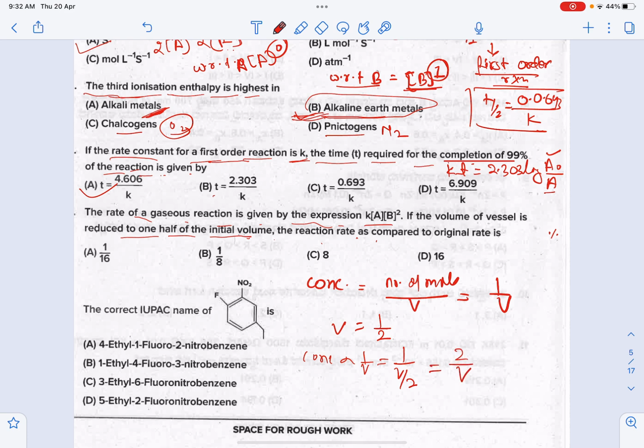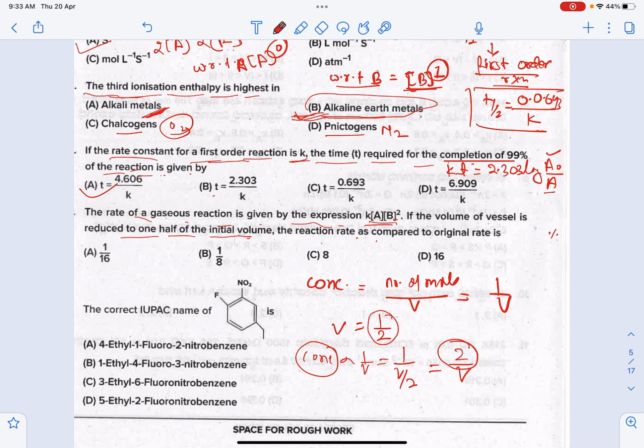It will be 2 by V. This will be the concentration. Now in the question we are given K, the concentration of A and the concentration of B. You can see that if we reduce the volume to half, then the concentration will simply be doubled.